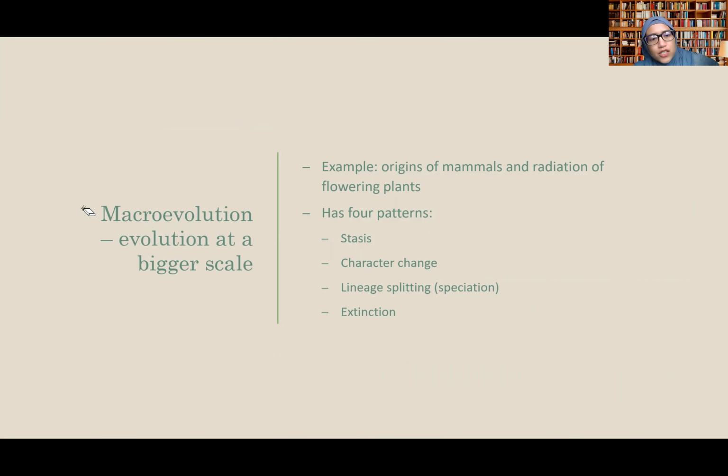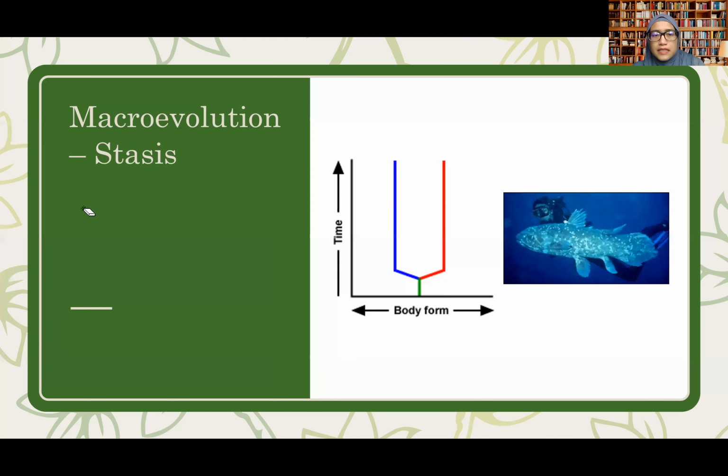And then macroevolution is evolution at a bigger scale. So for example, origins of mammals and radiation of flowering plants. It has 4 patterns: stasis, character change, lineage splitting or speciation, and also extinction. So stasis is when the form of the organism is not changed over time.